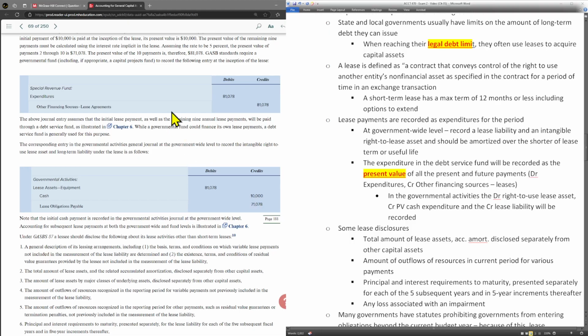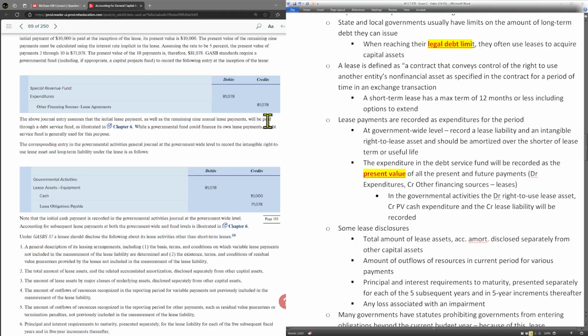So here we call the right to use asset a series of expenditures, and the obligation or the lease liability is another financing source. So you can see the special revenue fund is here, but if we were to look at the capital projects fund, it'd look the same.